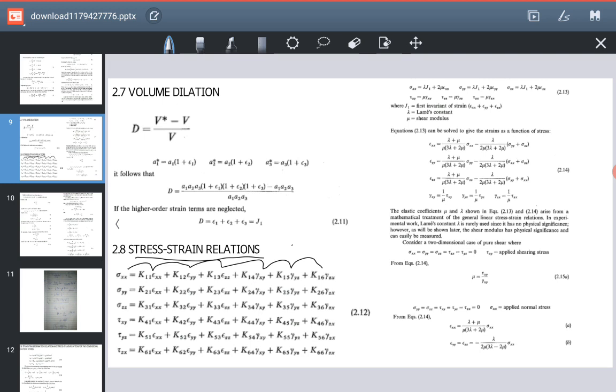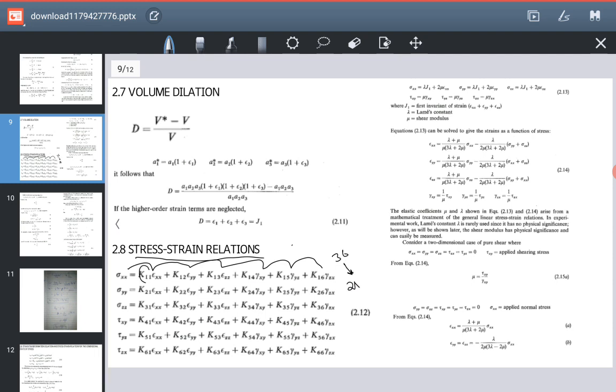There are a total of, I guess, if I'm not wrong, 36 of these constants. But with certain assumptions, and if we apply some strain energy considerations which are beyond the scope of your textbook, we can reduce this 36 constants.